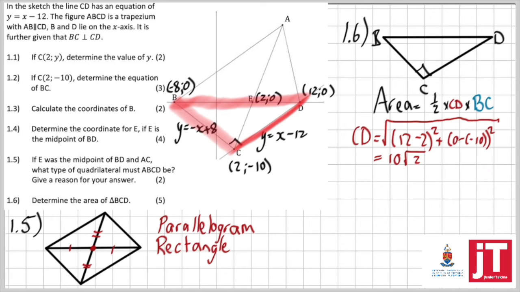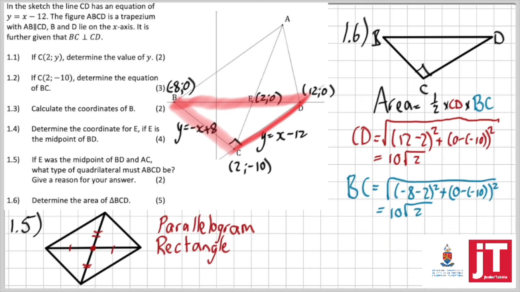I'm not going to worry about the decimal value, but I'm going to repeat the process with BC. Using the distance formula, I've got BC as being that. So interestingly enough, and this has got nothing to do with the sum, BC is actually equal to CD. What type of triangle could it be?